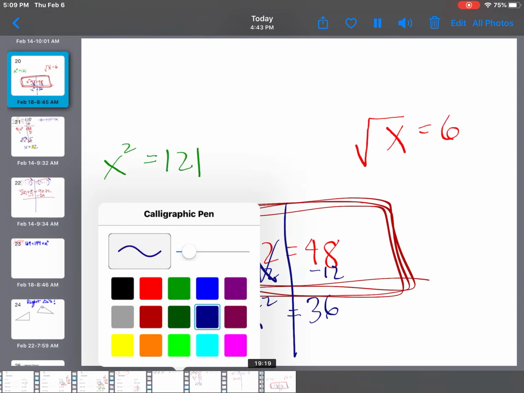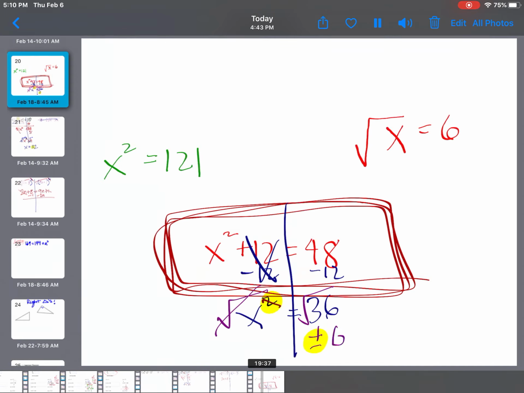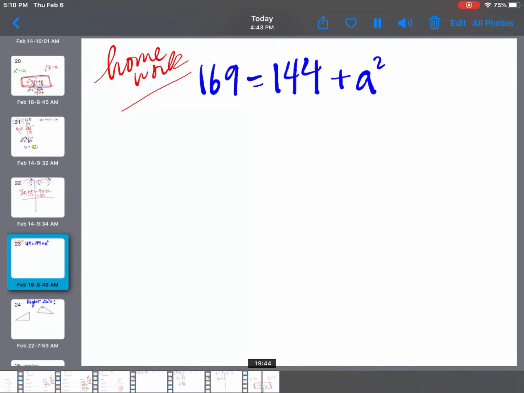And then the next thing we're going to do, the inverse of squared is square root. Whatever we do to one, we have to do to the other. These cancel. Because there is a squared, it's going to have 2 answers. And the answer is going to be x is negative and positive 6.